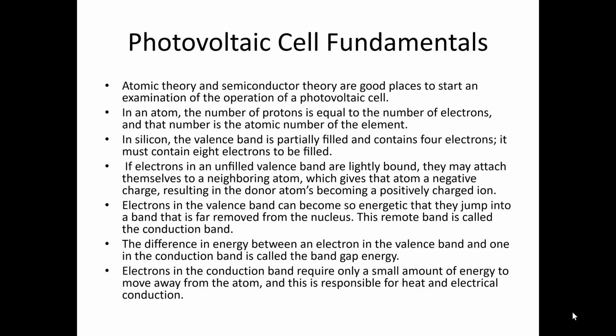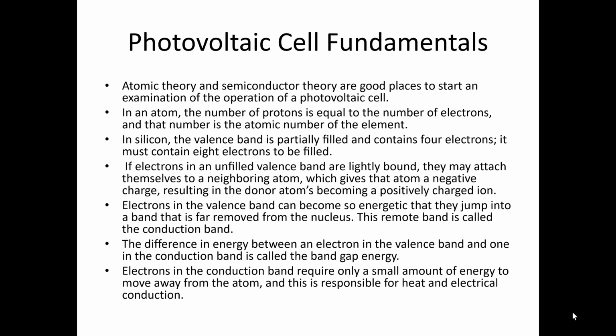If electrons in an unfilled valence band are lightly bound, they may attach themselves to a neighboring atom, which gives that atom a negative charge, resulting in the donor atom becoming a positively charged ion. Electrons in the valence band can become so energetic that they jump into a band that is far removed from the nucleus.